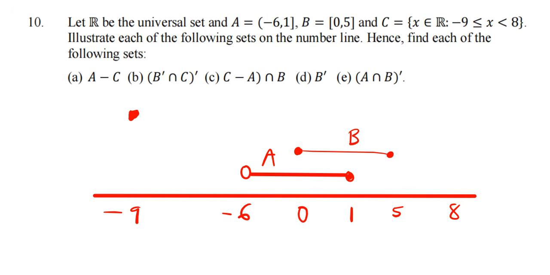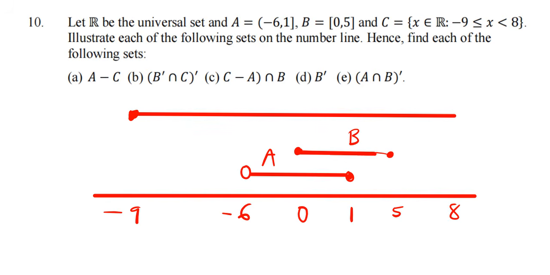However, at 8, I'm not going to shade. So I'm going to join it like that. Let me also just highlight for B. So this is how it's going to be. At 8, I'm not shading.